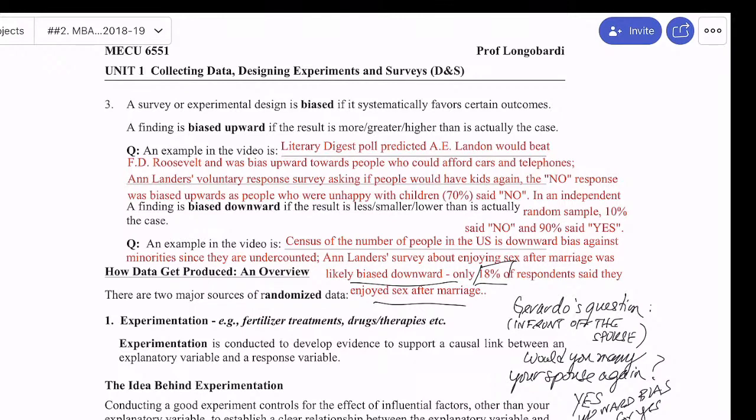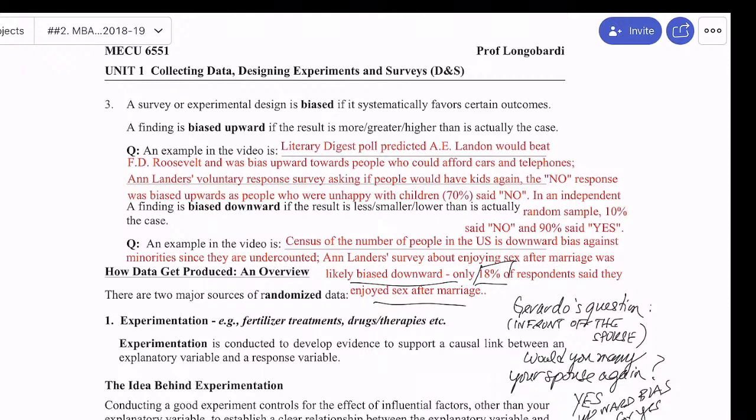How do we know if a design is systematically biased? Well, that's a very general question, but you would have to go through the particulars of the design. So we are assuming, we're coming up and saying this is not possible with anecdotal evidence. 70% of families would say they would not have children again is a stretch. So yeah, I am making an assumption, and I could study it.